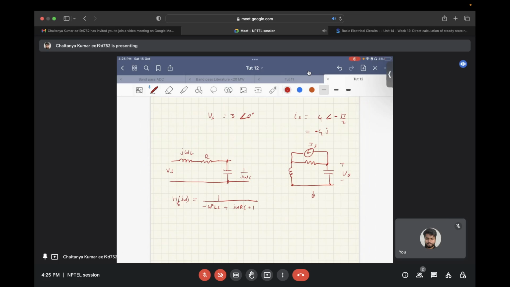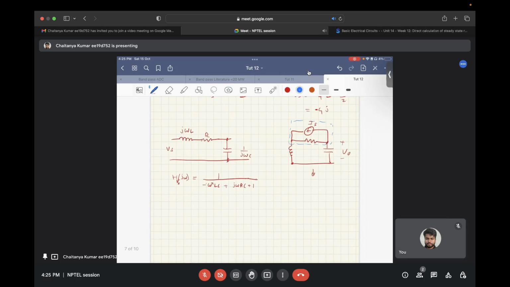With the impedance transformation, we can apply impedance transformation on this part of the circuit, and this will yield a series resistance of R and a voltage source of Is times R, an inductor, and a capacitor.